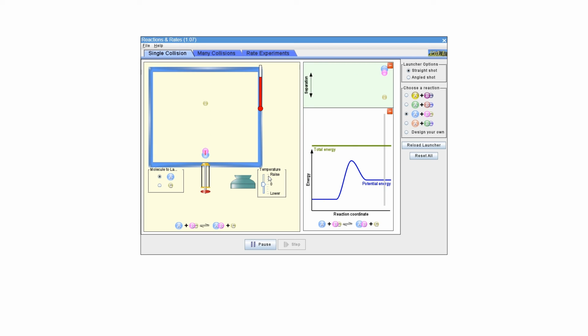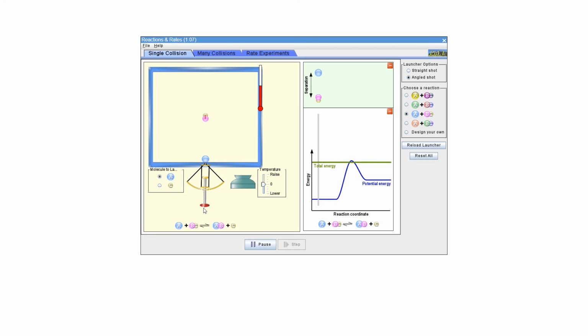Now, in this version of the simulation, I'm going to be using an angled shot. And what this should demonstrate is that the orientation in which particles collide also has a very large impact on the success of the reaction. So if we look here down the bottom, we should see that A and BC react together to form AB and C. What that means is that A needs to collide into B to form AB, and if we were going in the reverse direction, C needs to collide into B to form BC.